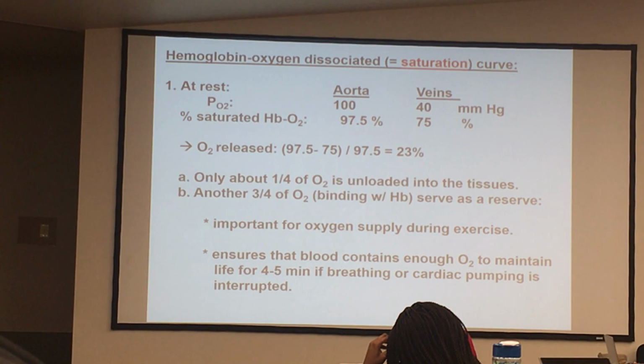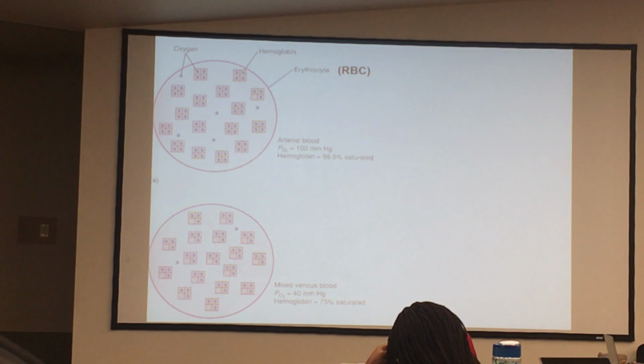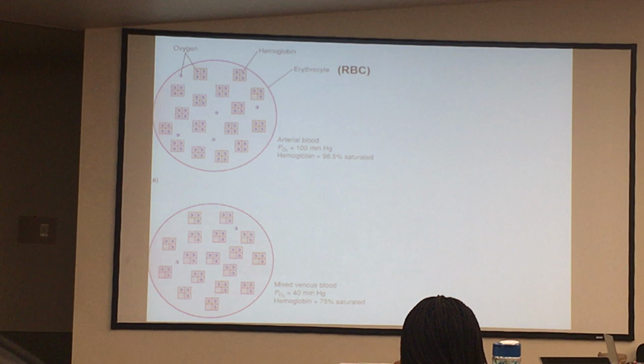That means the red blood cell normally only works at 25% efficiency, and 75% is not working. During exercise, they probably release more, maybe 30, 40, 50%. If the heart stops beating and the lung cannot breathe, they can release all. So during an accident, people can survive about 5 minutes. That's why.